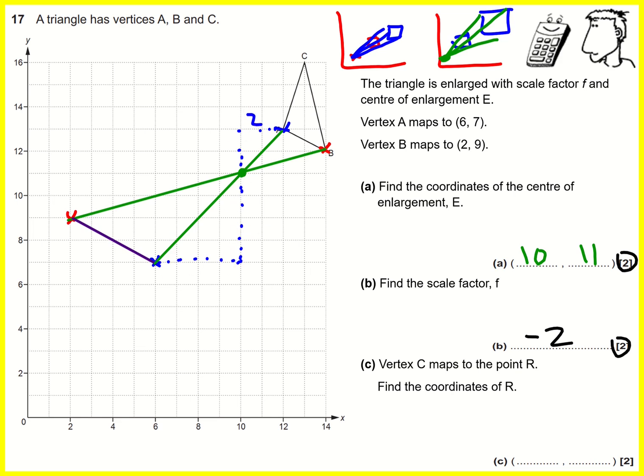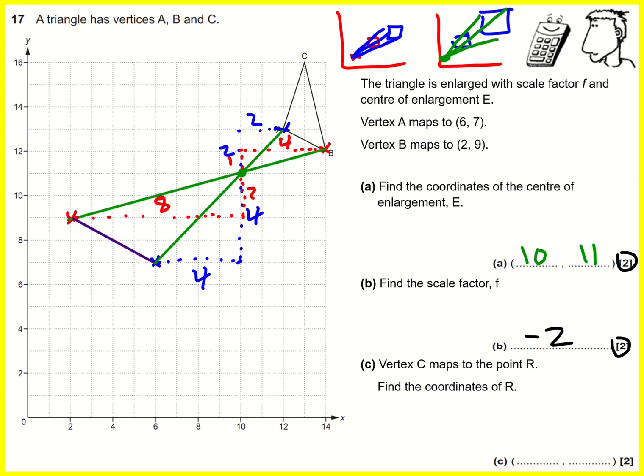So instead of 2, 2, I go through the center of enlargement and do 4, 4. It's similar for the red one. I go along 4 and down 1. So now I carry on and go down 2 and along 8. And that will get me there.